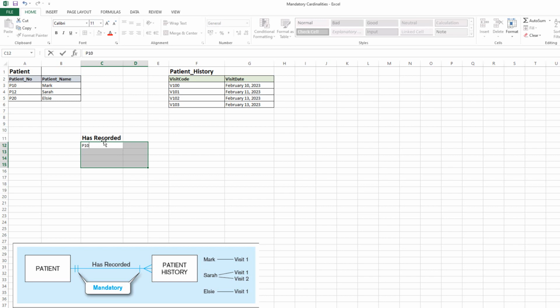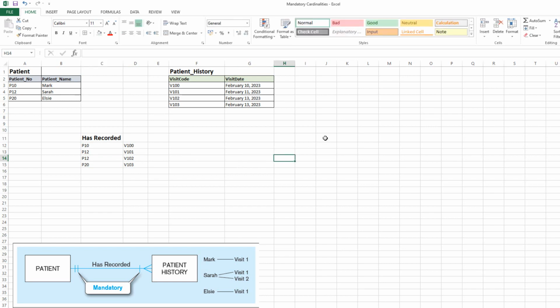I enter P10, which is Mark, and he made one visit, so it will be V100. Sarah made two visits, so it will be V101 and V102. And Elsie made one visit to the hospital, so it will be V103. That is how you represent the relationship between the two entities.